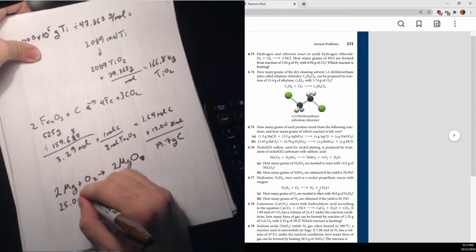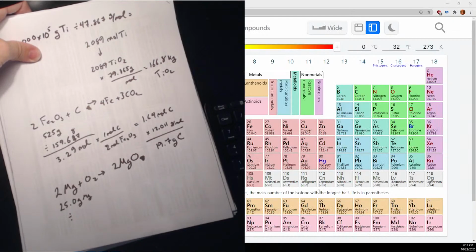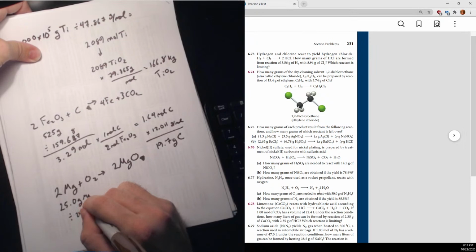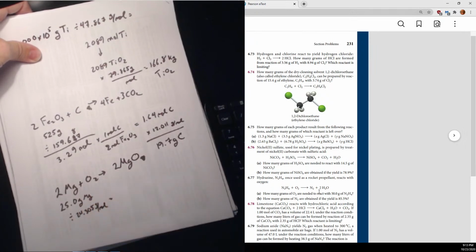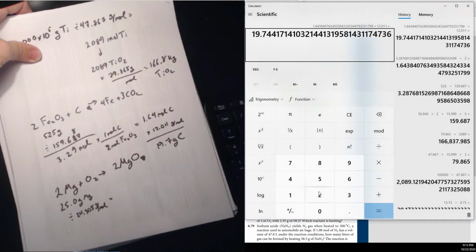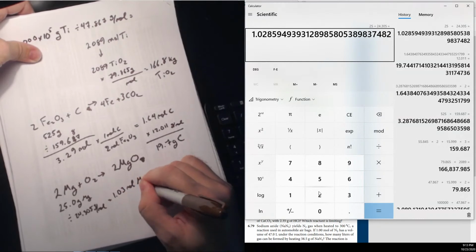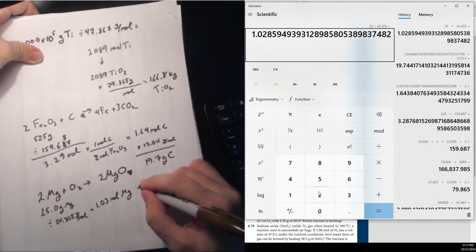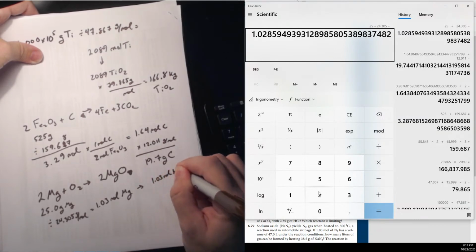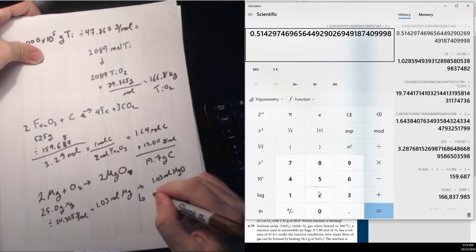25.0 grams of magnesium divided by the molar mass of magnesium is 24.3, 24.305. 1.03 moles of magnesium, which is 1.03 moles of magnesium oxide and half that many moles of oxygen.